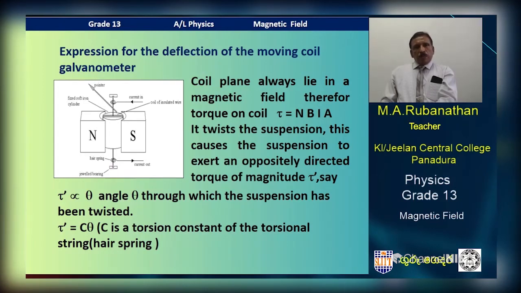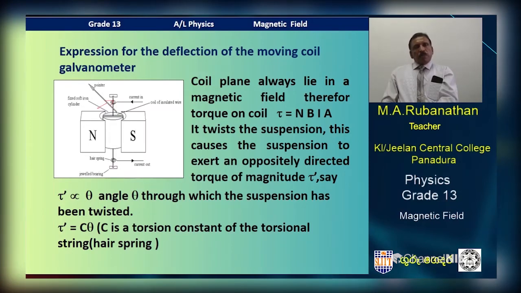Normally this opposing torque is created by the springs in our galvanometer, the hairspring. The suspension wire also gives torque, but the hairspring mainly applies this opposing torque.